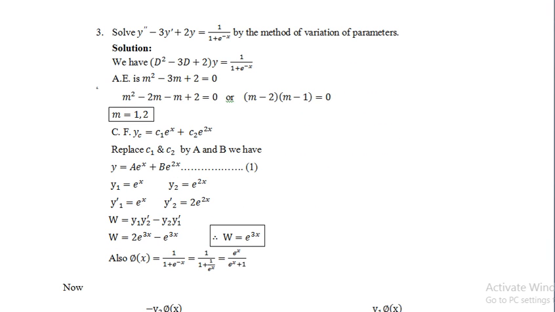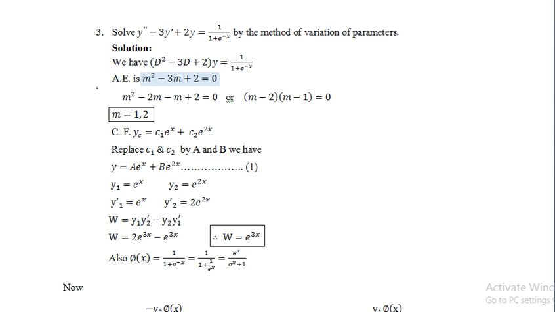Third example, solve y double dash minus 3y dash plus 2y is equal to 1 divided by 1 plus e to the power minus x by the method of variation of parameters. Solution. So the symbolic form of the differential equation is D square minus 3D plus 2 into y equal to 1 divided by 1 plus e to the power minus x, and the auxiliary equation is m square minus 3m plus 2 equal to 0.